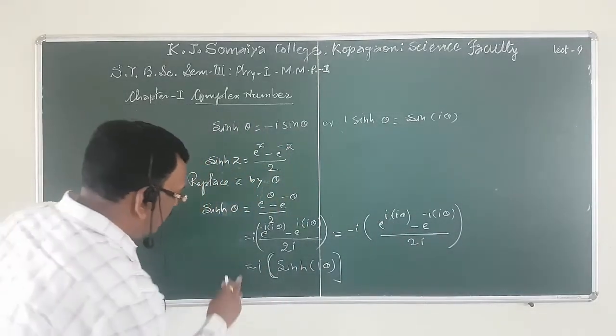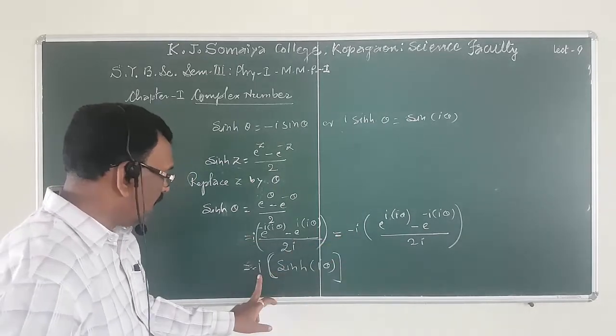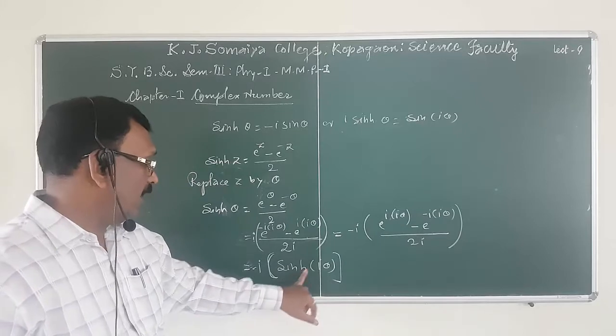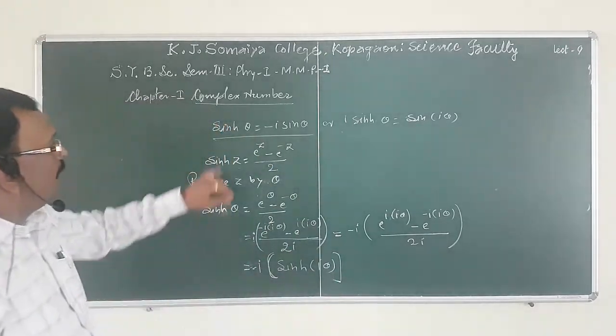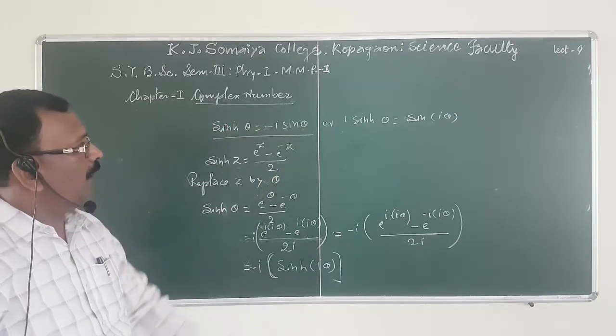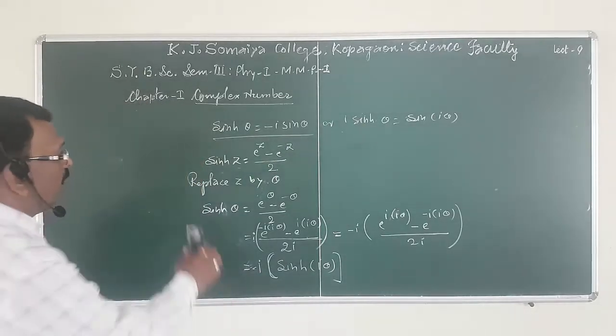And therefore, the last term is minus i, and this term represents sin i theta. Hence, we have sinh theta is equal to minus i sin i theta. Okay.